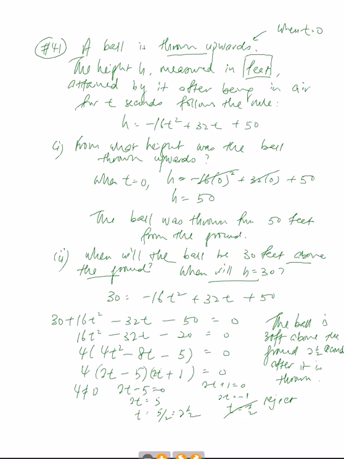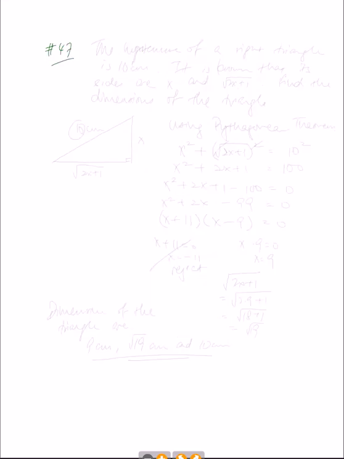Okay, let's try one more. Number 47. The hypotenuse. So you're told the hypotenuse of a right triangle is 10 centimeters.